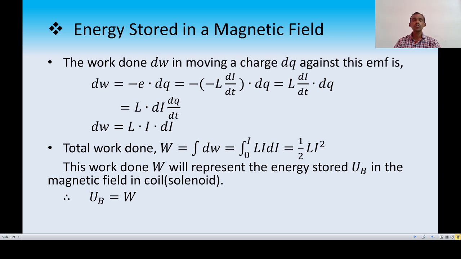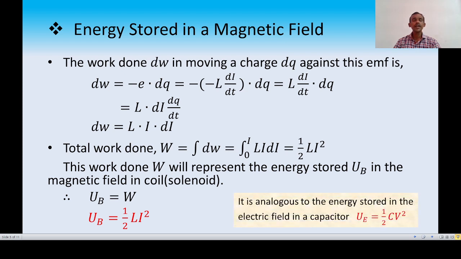Therefore, UB is equal to 1 by 2 L I square, and this is the expression for the energy stored in magnetic field. This quantity is analogous to the energy stored in the electric field in a capacitor. That is, in electrostatics we know that the energy stored in a capacitor is U is equal to 1 by 2 CV square.